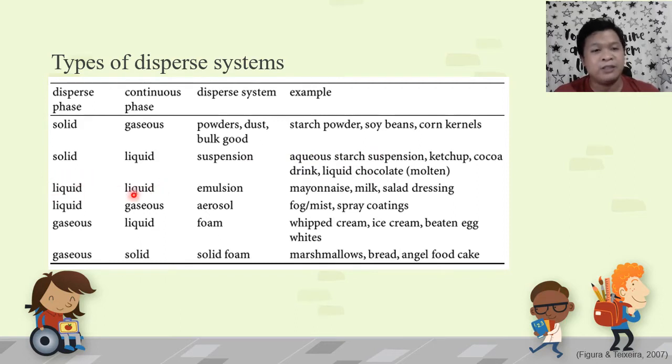Liquid in liquid, so these are typically your emulsions. You can have your water in oil or oil in water, and examples, alam niyo na po yan. We also have liquid in gas, typically your aerosols. So when you press a spray can containing liquid and it sprays that into the air, then it becomes an aerosol.